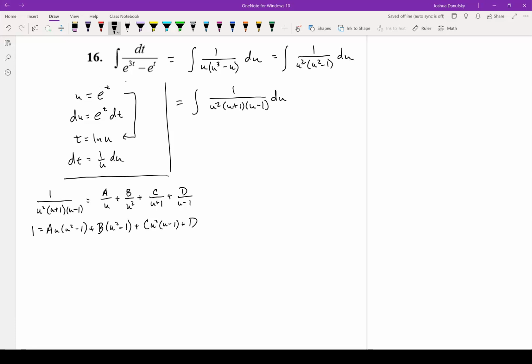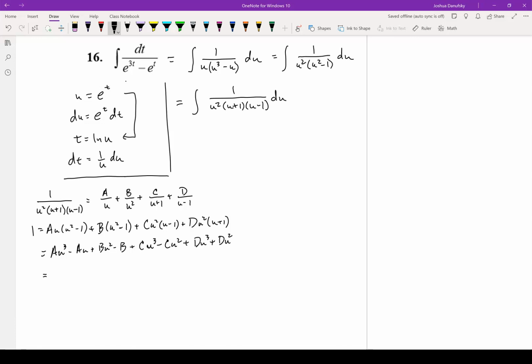And finally, D needs to be multiplied by u squared and u plus 1. Distributing, we get A u to the third minus A u plus B u squared minus B plus C u to the third minus C u squared plus D u to the third plus D u squared.